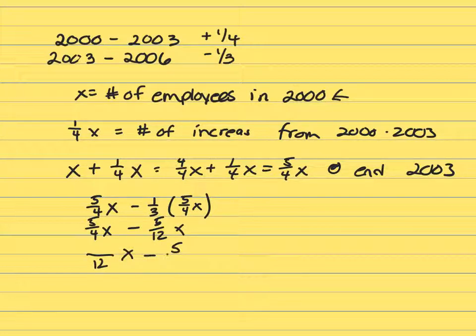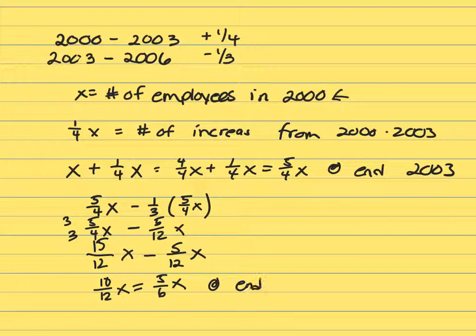This one's already over it, so 5/12 X. And I need to multiply that by 3, multiply the top by 3, and that gives me 15. 15 minus 5 is 10. 10/12 X, and reduce that by 2, and that's 5/6 X at the end of 06.